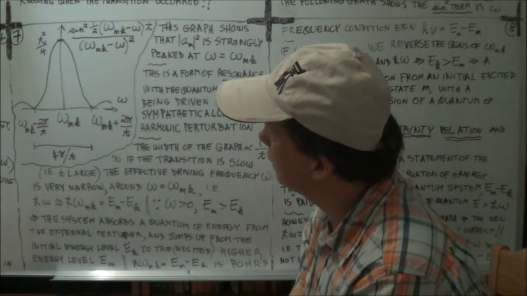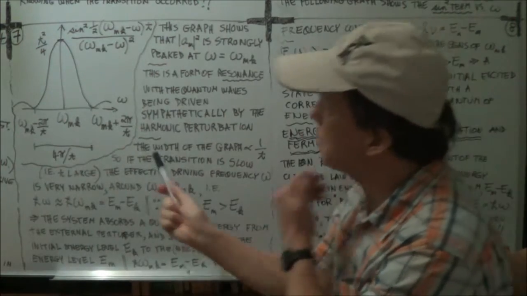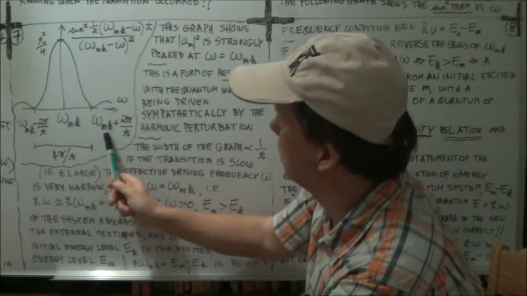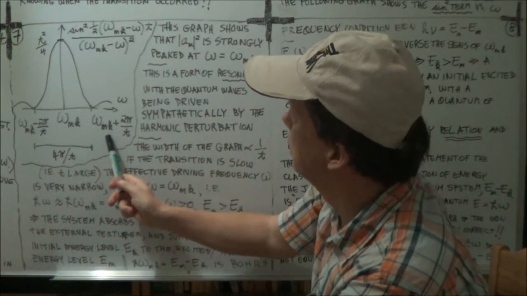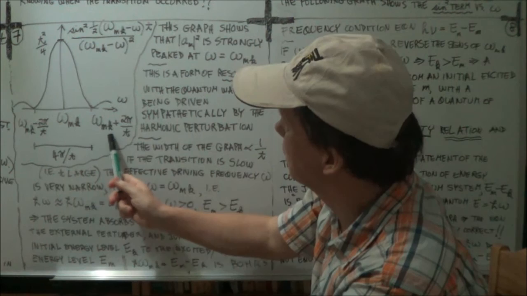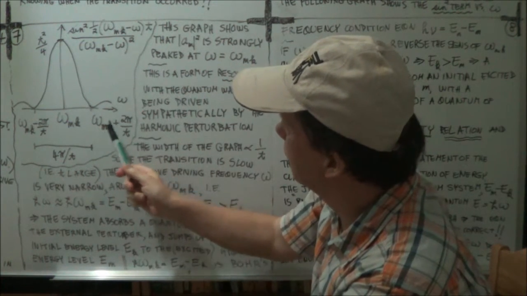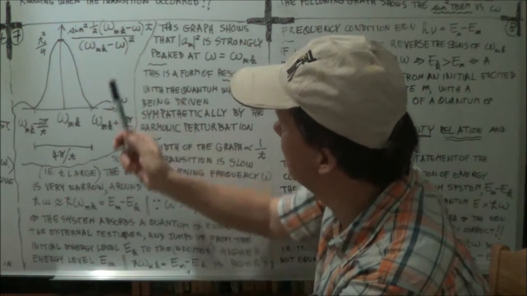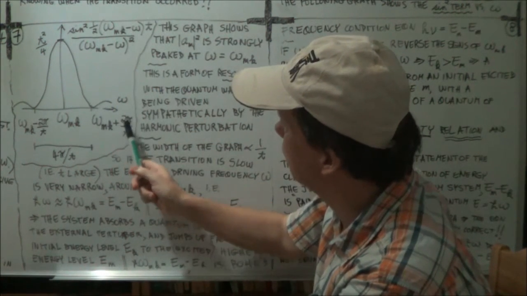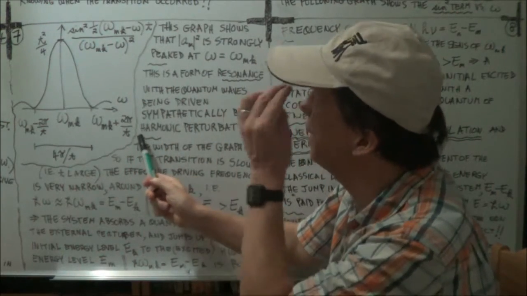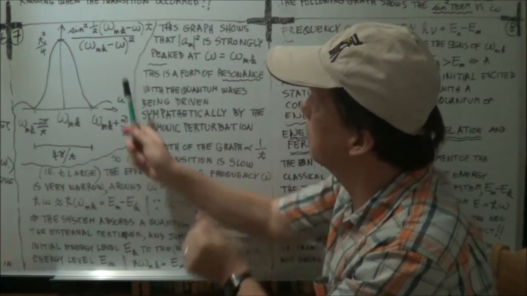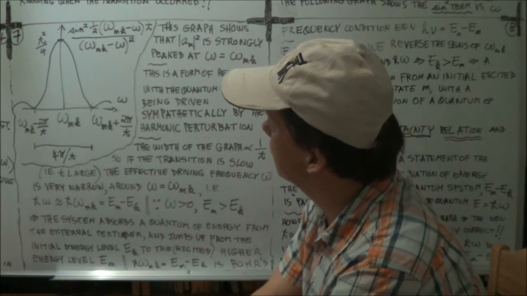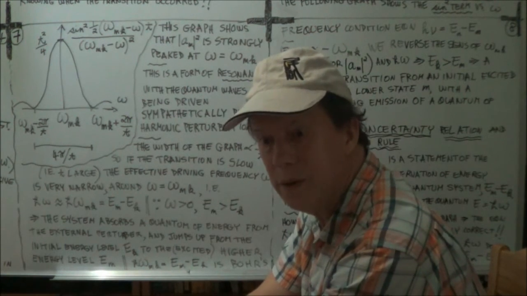Now what about the width here? Well, let's see, why does this function become 0 at these terms? Does it make sense? Yes, it does. Plug that value into here, the omega mk's cancel, you're left with 2 pi over t times t, which is 2 pi, and sine of a half of 2 pi, sine of pi, is 0.